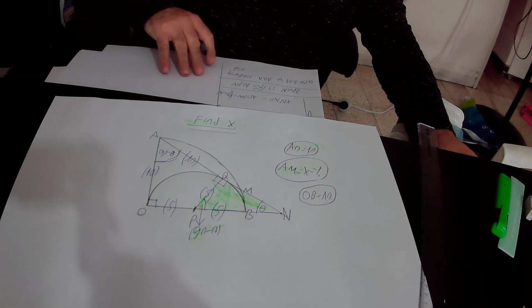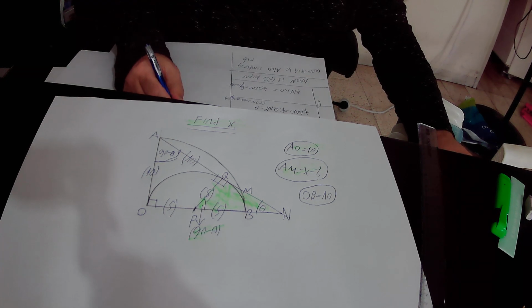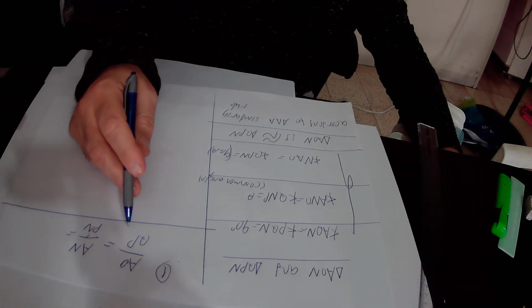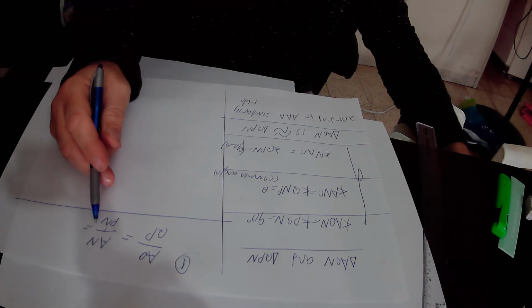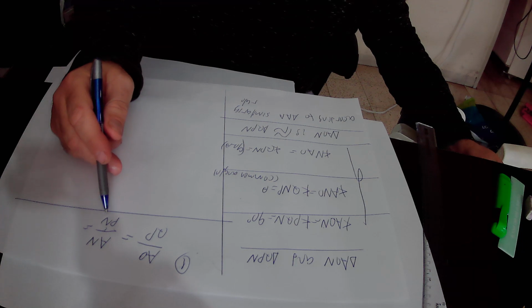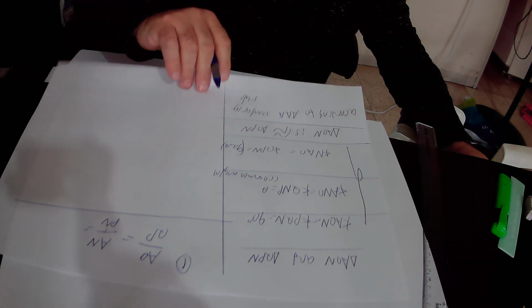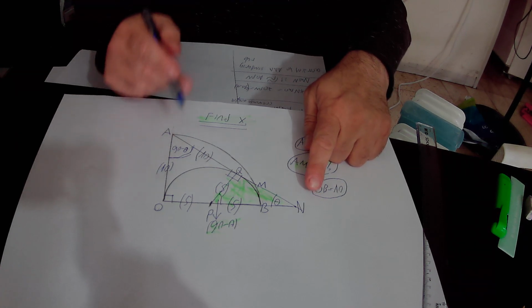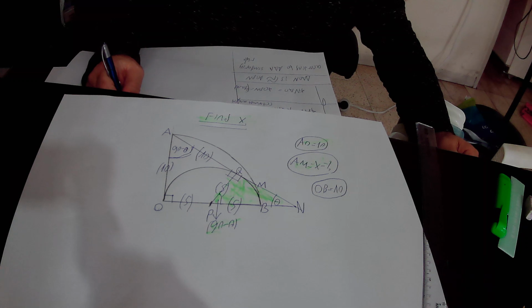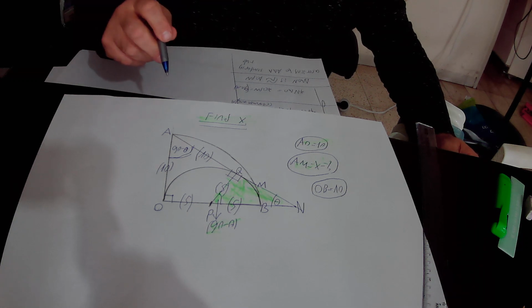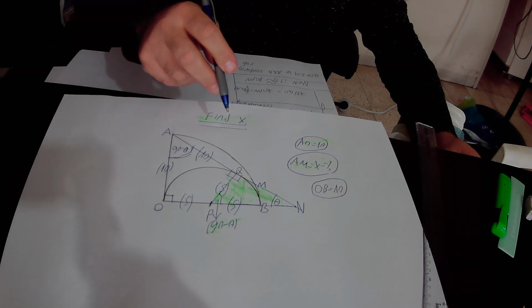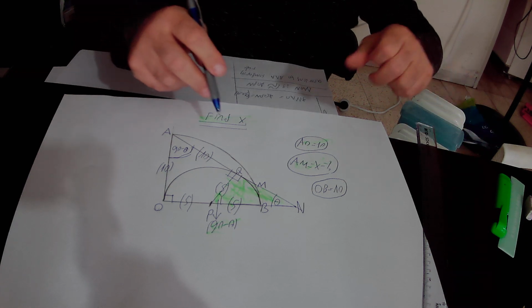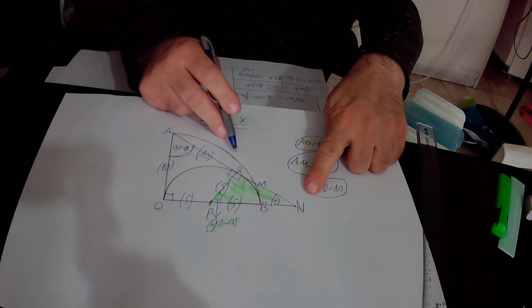Repeat again, we derive that side AO in the big triangle AON over side QP in the green triangle equals side AN in the big triangle AON over side PN in the green triangle, and it also equals side ON in the big right triangle AON over side QN in the green triangle.